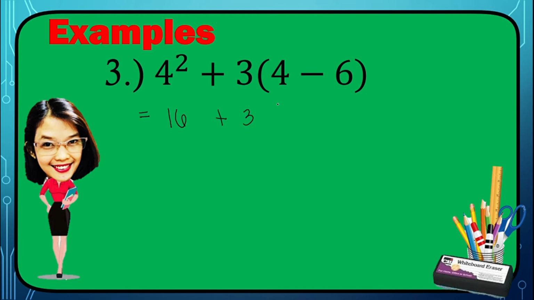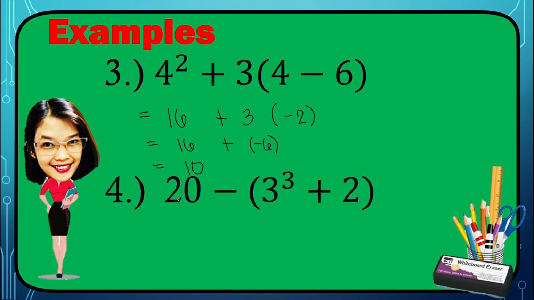So you need to perform what's inside the parentheses. 4 minus 6 is negative 2. So in here we'll have 16 plus 3 times negative 2 is negative 6. So 16 plus negative 6, the answer will be 10.